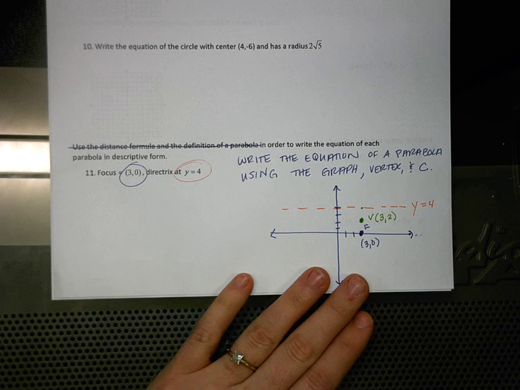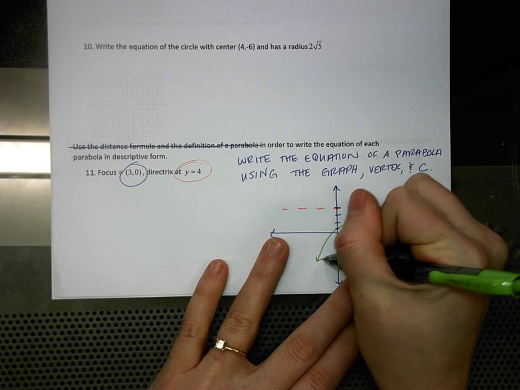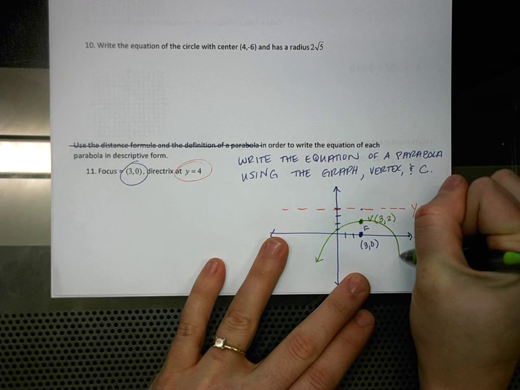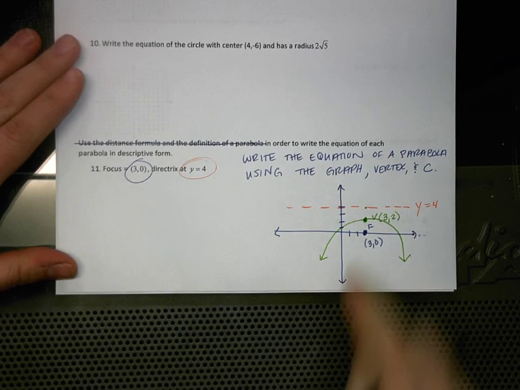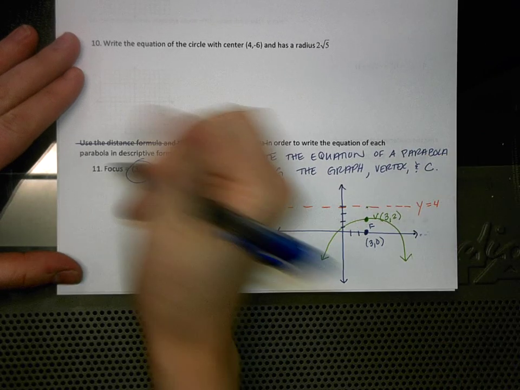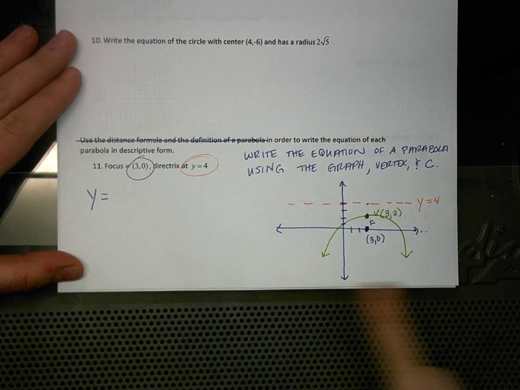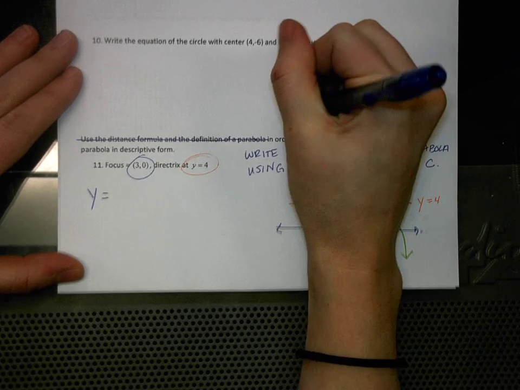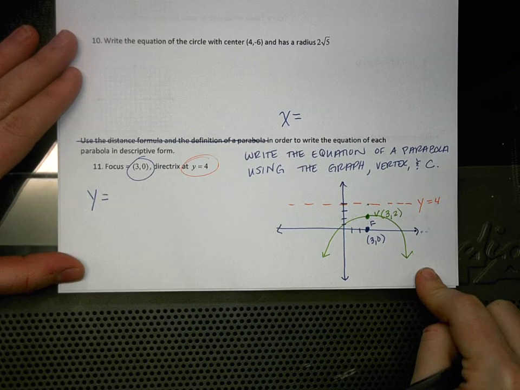Now your parabola always has to open toward your focus. So this parabola is going to open down toward the focus. If you have a parabola that either opens up or down, it's going to be a y equals parabola. If you have a parabola that opens left or right, that's going to be an x equals, but that's not going to be this one because this one opens down.